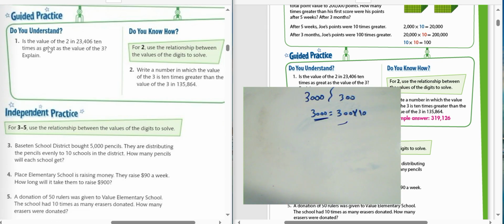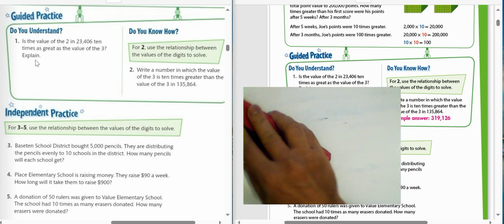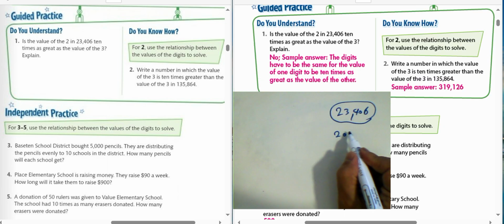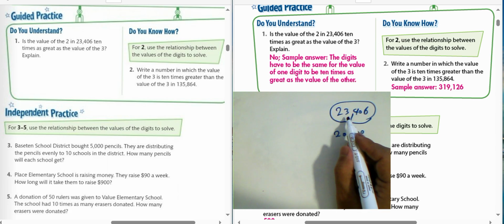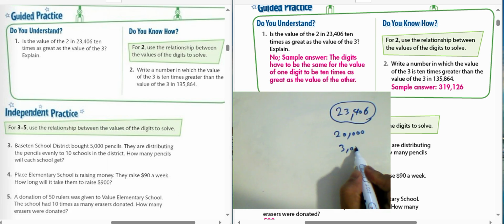Question number 1. The value of digit 2 in the number 23,406 is how many times as great as the value of 3? Explain. Who can tell me the value of digit 2 in 20,000? And if we multiply this number, the value of digit 3 will be 3,000. If we multiply this number by 10, it will be 30,000.